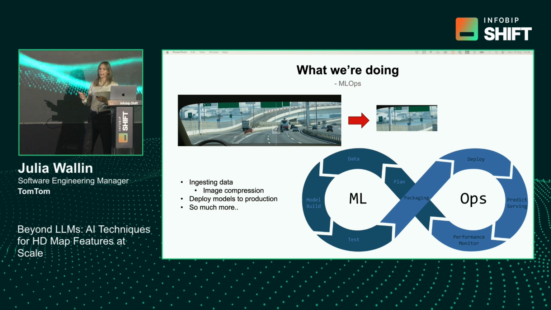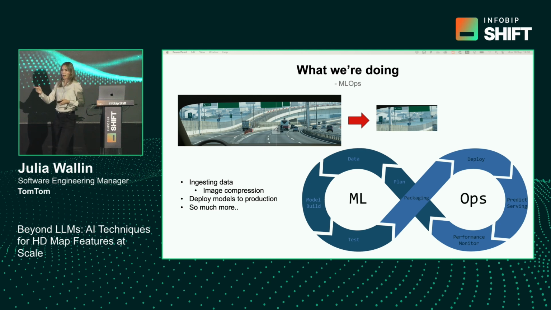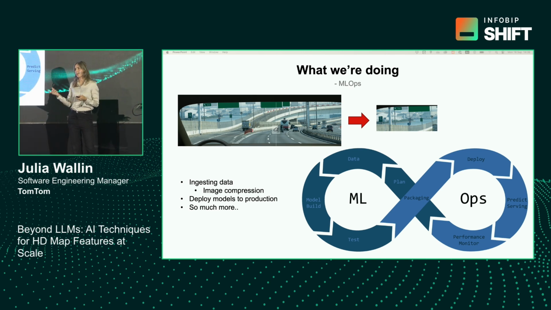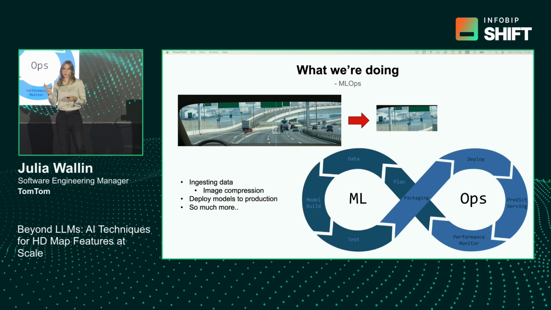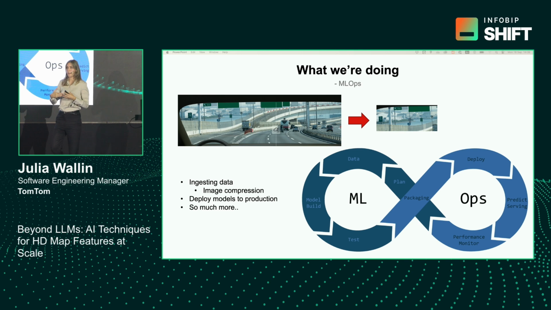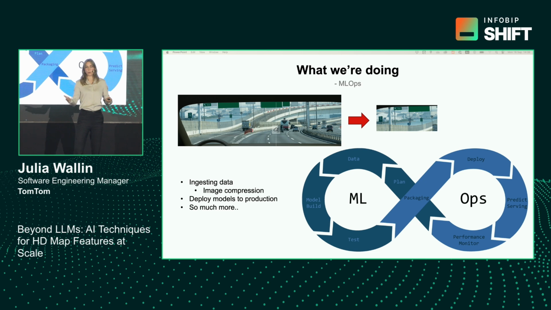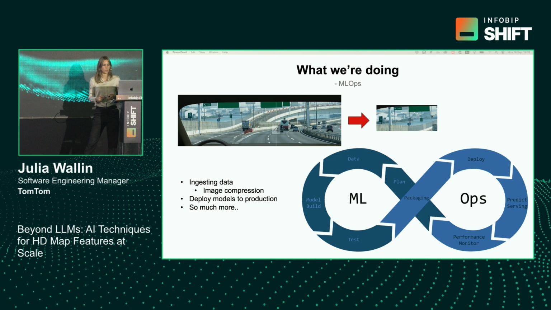So yeah, we need to compress the files, and we need to do it in a way that doesn't take too much away from the quality of the images, because then they are useless for our computer vision tasks. And also, importantly, they are useless for human-in-the-loop processes, where maybe we take a sample of images and send them to people and ask, hey, the model says this, is that correct? We need to be able to view these images. So that's the first thing to tackle.